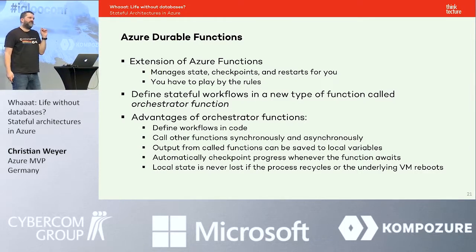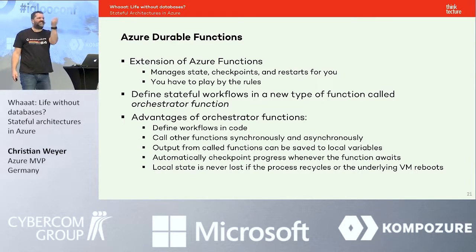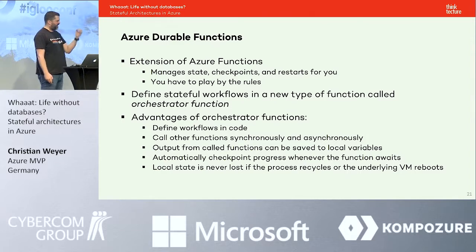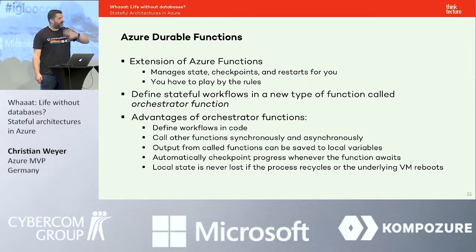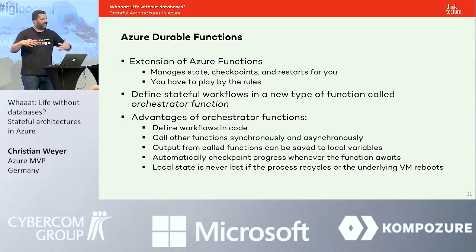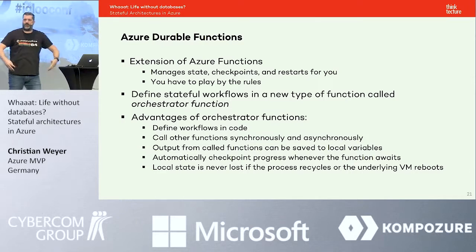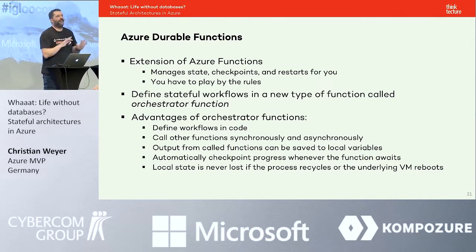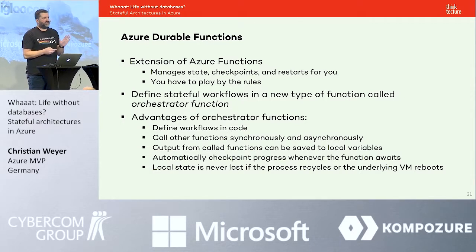The interesting thing is, you can get back the result of those function calls and store it in variables, and those variables are automatically being persisted for you. So you don't have to deal with the database stuff. You don't have to use T-SQL. You don't have to use Entity Framework for managing all that stuff. It's being done for you behind the scenes.